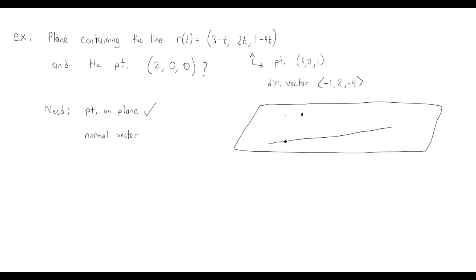So let's call this point A. Let's call the direction vector V. I'm going to call this point B. So if I label them in the picture, this would be A on the line. This would be the direction vector V. And then this would be the point B.